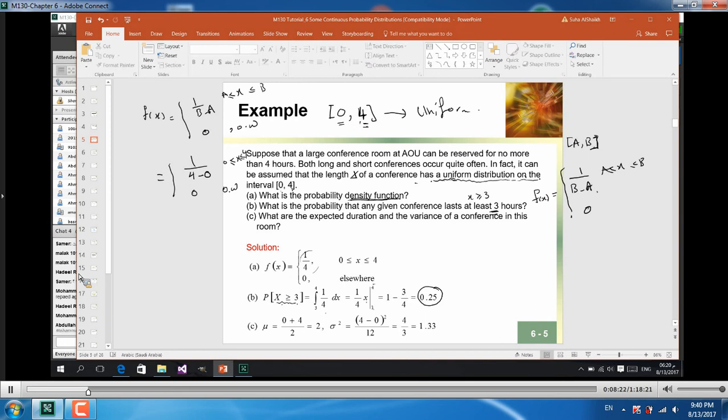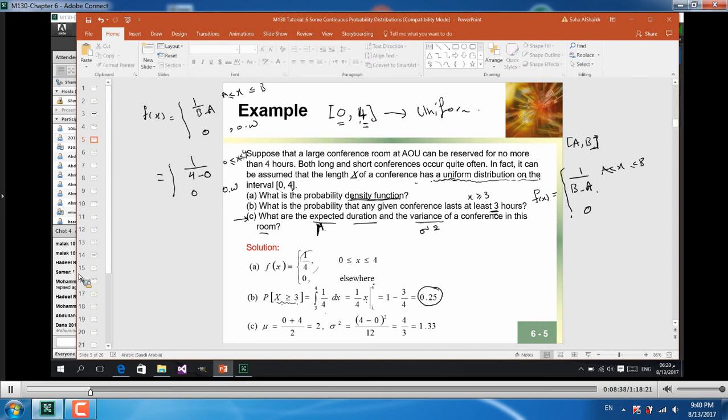In part C, what are the expected duration? The word expected means I'm talking about mu, the expectation, and the variance, so I'm talking about the sigma square in this room.